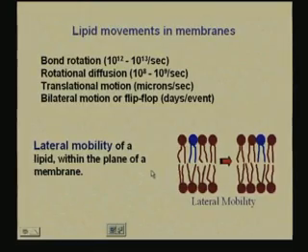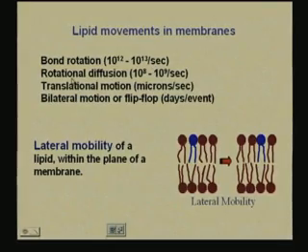Okay. Now, if we look at the times, so we are going to have these lipid movements. These lipid movements are actually what are causing some disruption and some features, specific features of the membranes. Now, if we look at lipid movements in membranes, bond rotations occur at this level, 10 to the 12 to 10 to the 13 per second.